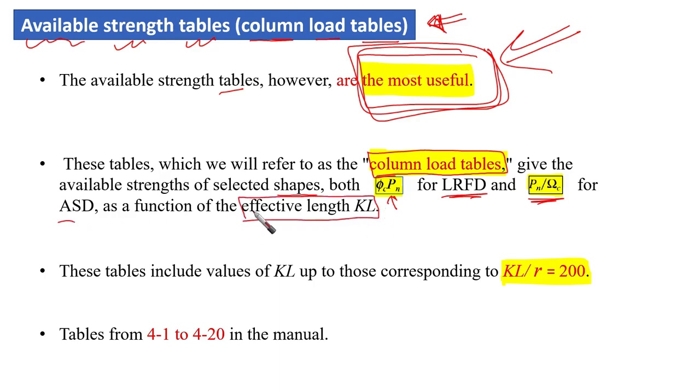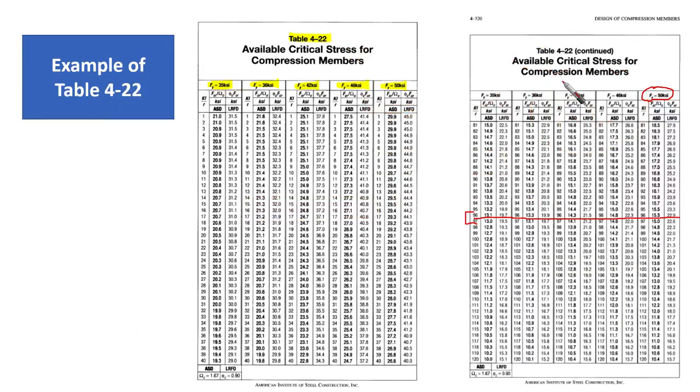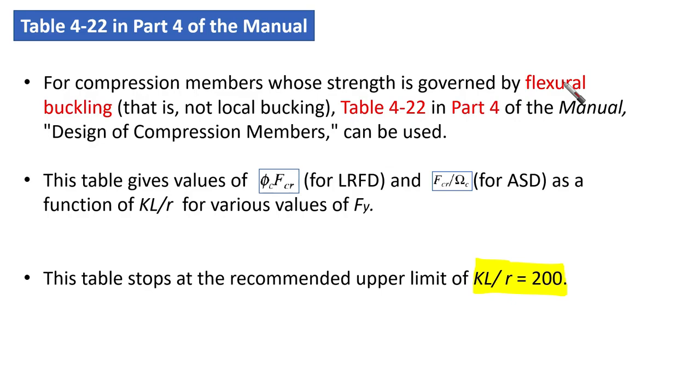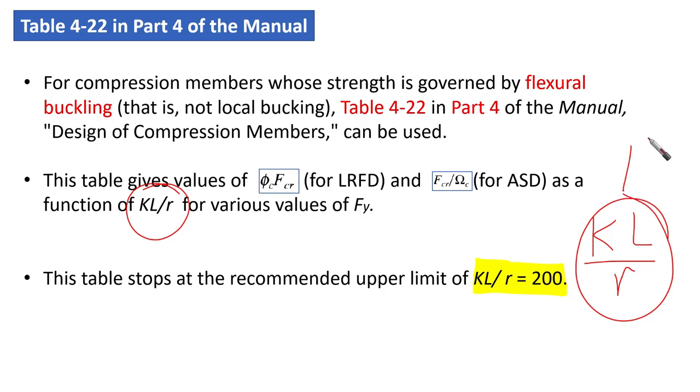So here, in this table, we are using KL, remember that well. However, for table 4-22, we are using KL over r, which is the slenderness ratio.